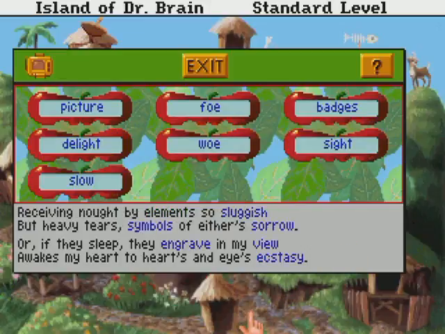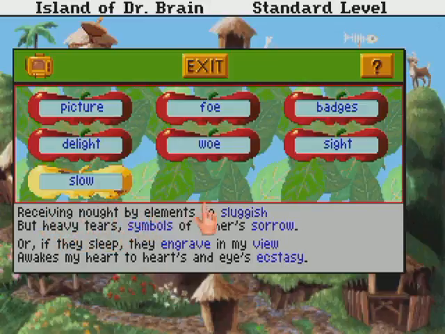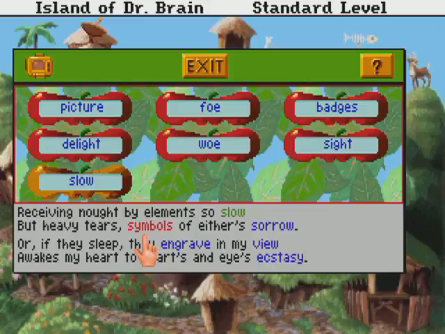Receiving naught by elements so sluggish, by heavy hearts, symbols of either sorrow, or they sleep they engrave in my view, awakes my heart to hearts and eyes ecstasy. Alright. Receiving not by elements so sluggish. Slow? Probably. By heavy tears, symbols of either sorrow.